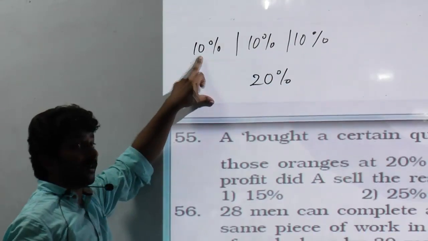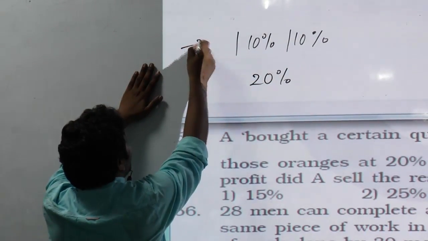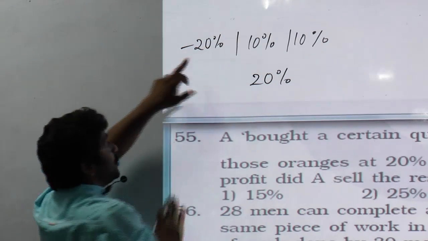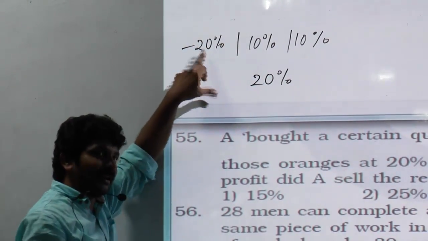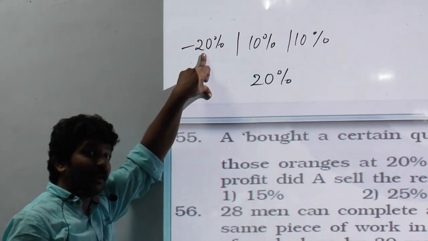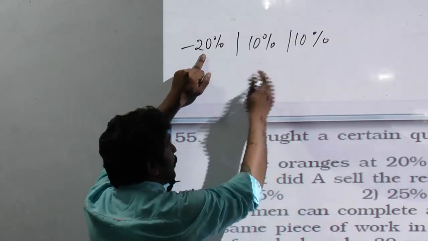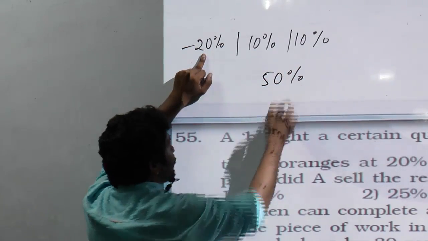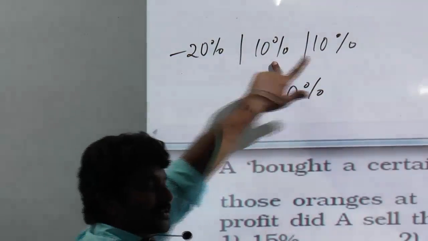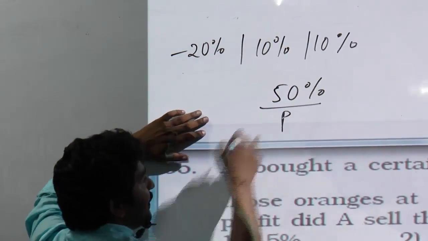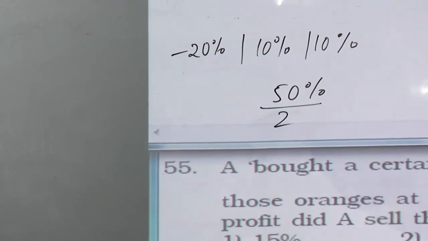But how much did you get from the first part? First part is sold at a loss of 20%. So you need to cover 20%, right? And then still you need to get 10% profit. Total how much? 30% plus 20%, total 50%. So you need to get 50% out of 2 parts. From 1 part, that will be 50 by 2, that is 25%.